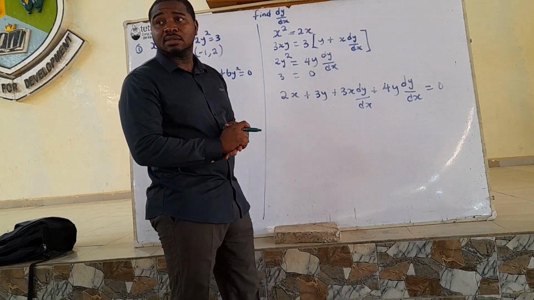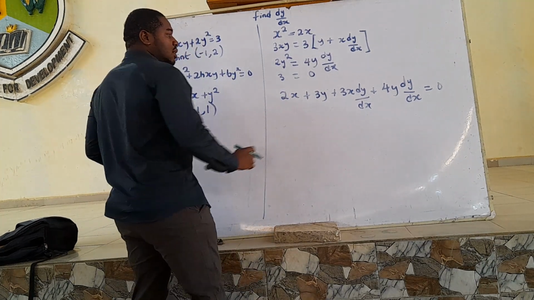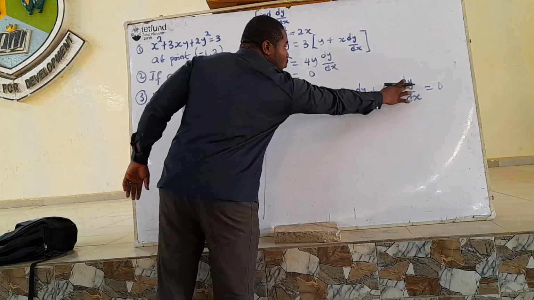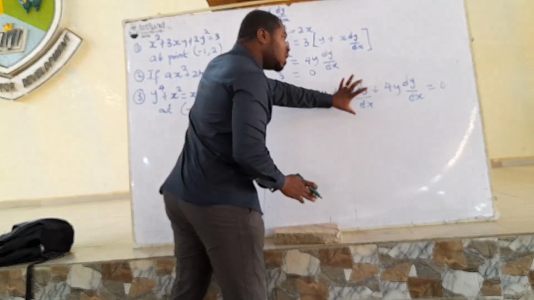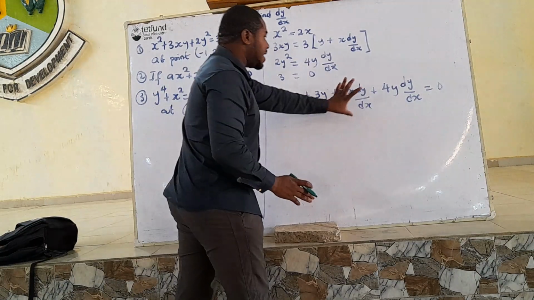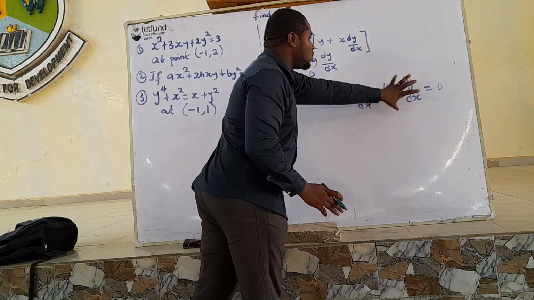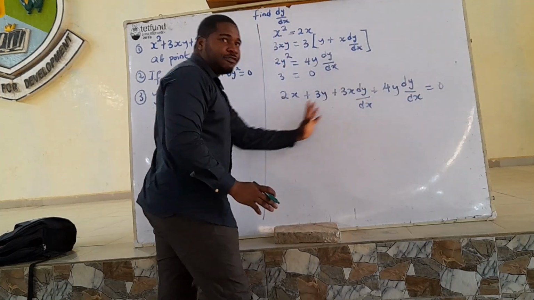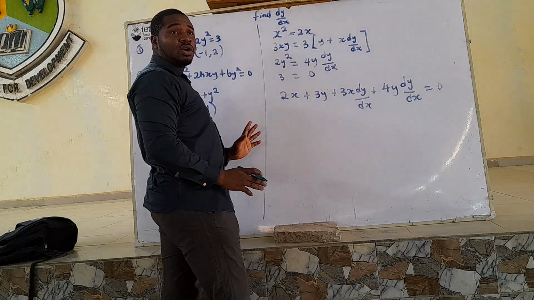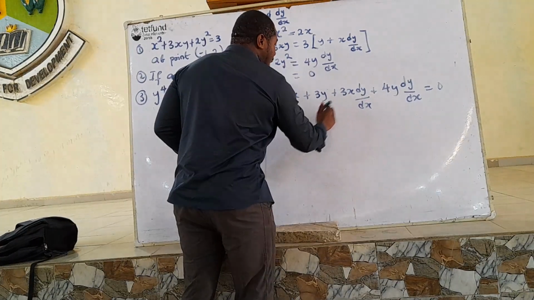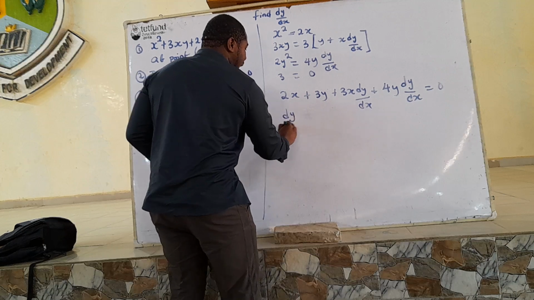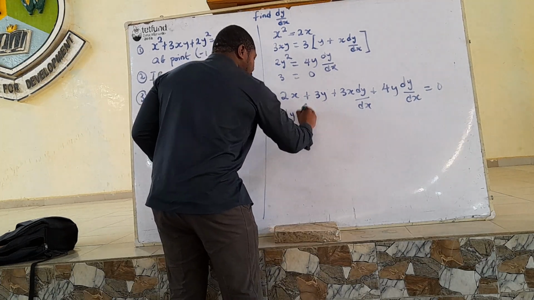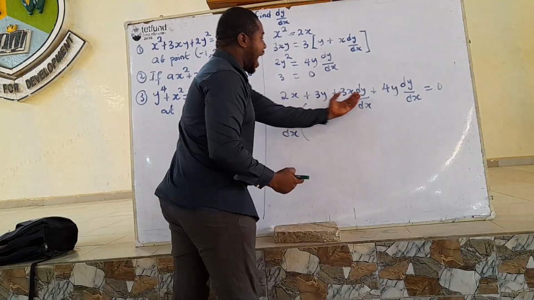So I can move this across the equality sign. I can do that. So if I do that, this will remain on the left-hand side. Now, also, there is the dy dx here and there is the dy dx here. I can factor it outside. Is that not so? So if I put this dy upon dx outside, I have factored it.